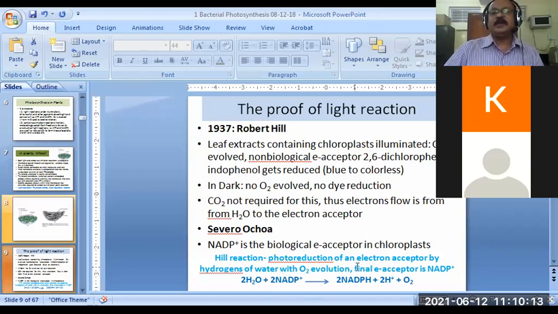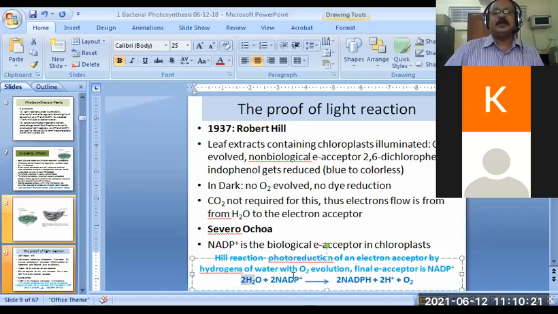Later on, it was found that the final electron acceptor is NADP, and therefore the Hill reaction is stated like this: 2H2O plus 2NADP gives 2NADPH. That is reduction of NADP. NADP is the biological electron acceptor.